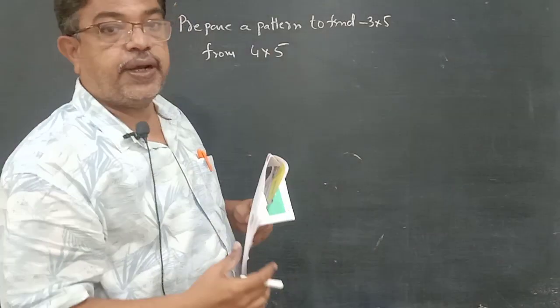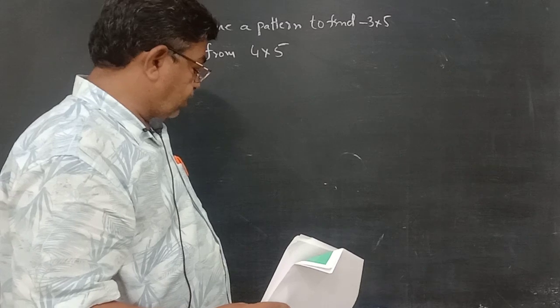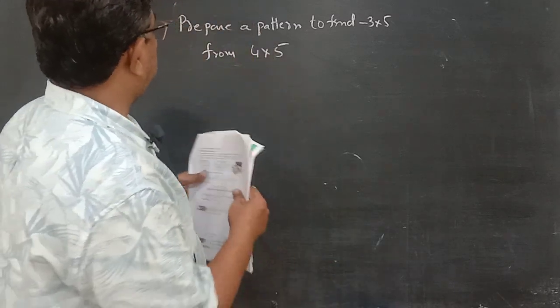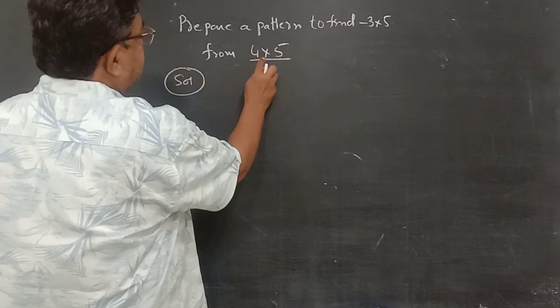So, you want to prepare a pattern multiplying minus 3 into 5 from 4 into 5. So, you want to start from 4 into 5. So, the solution I am writing. So, I start with this.